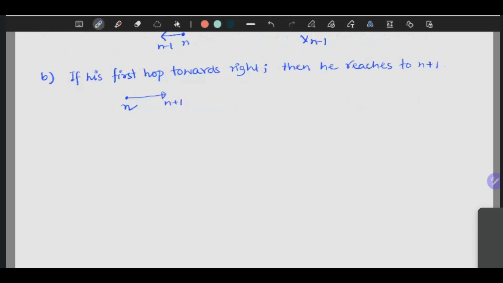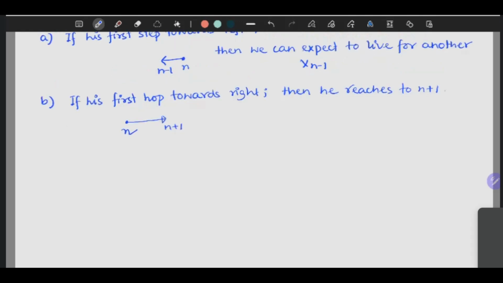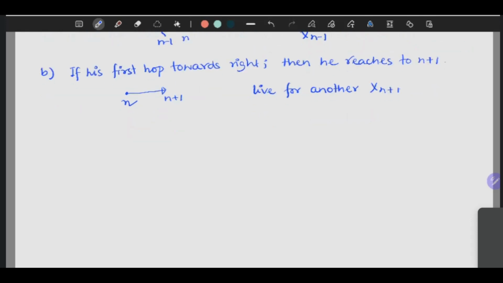So then one can expect it will live for another xn plus 1. See how this random walk is connected? So then what will be the total expectation?